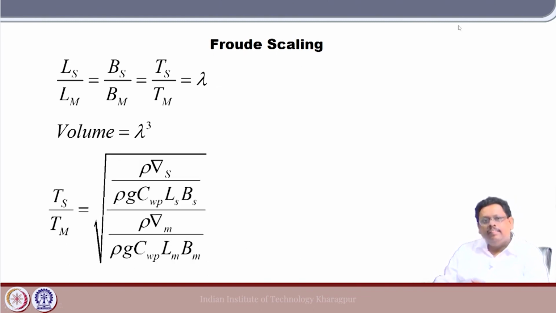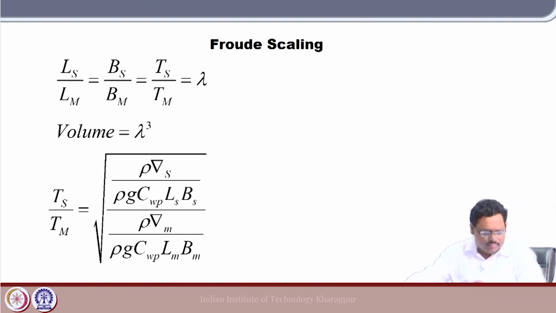Let us see how we can scale the time periods. Now, you see here I am using the formula for time period, which involves the mass divided by the spring constant. Just for the sake of clarity, we are using the heave mode.